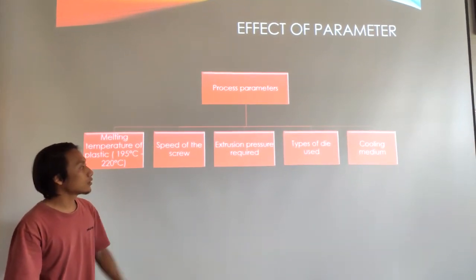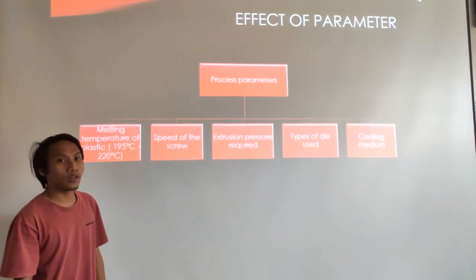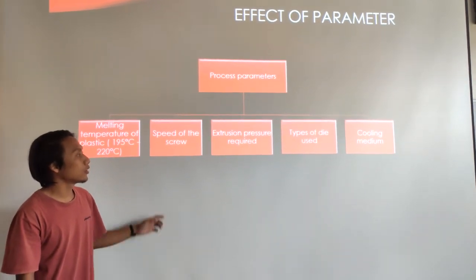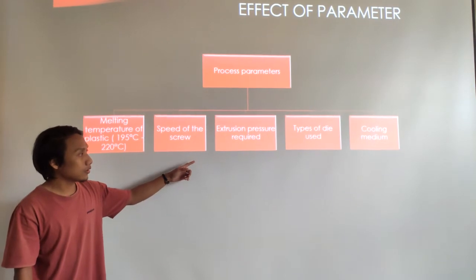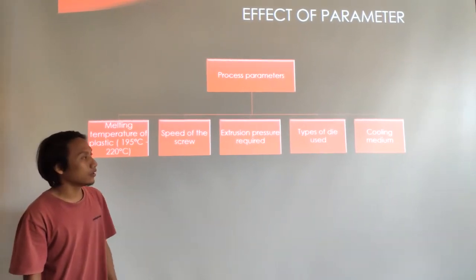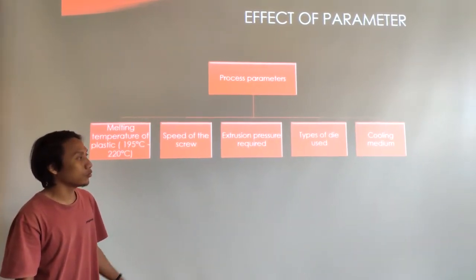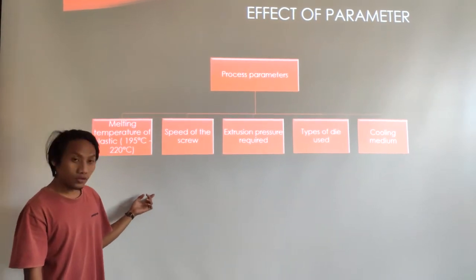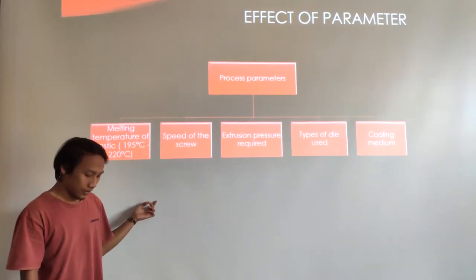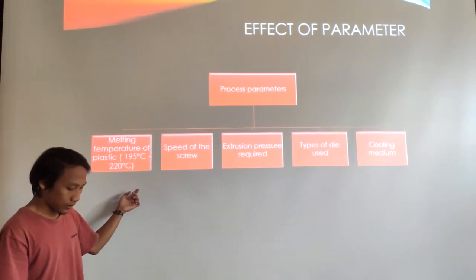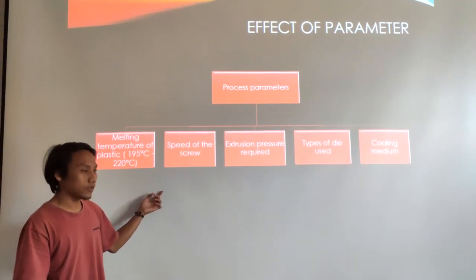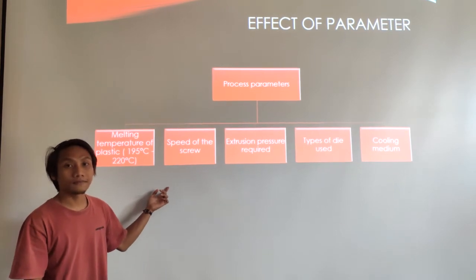The third one is the extrusion pressure required for the extrusion. The fourth one is the type of die used, and the fifth one is the cooling medium. So if the process does not meet the required parameters, the product will not meet the specific function.